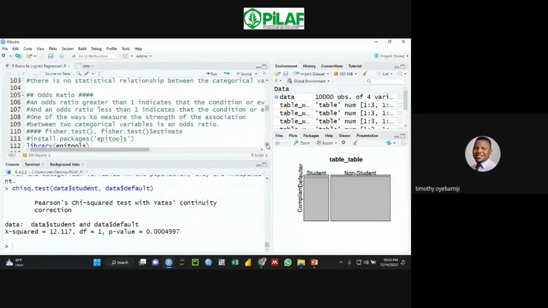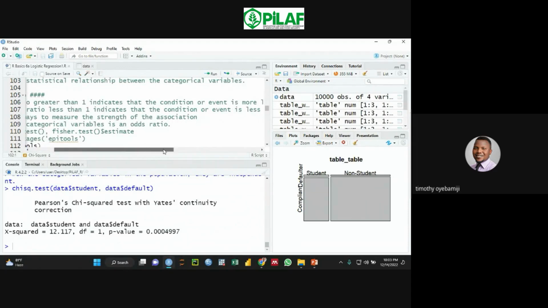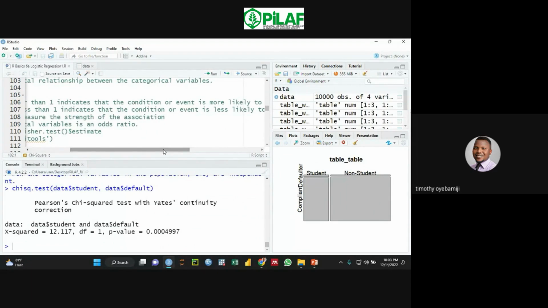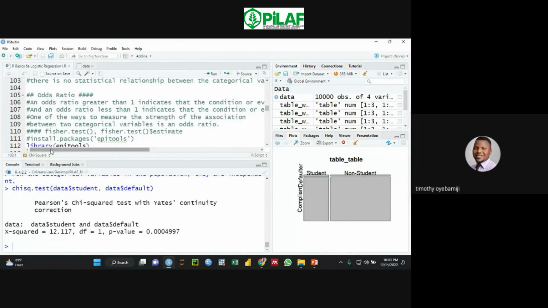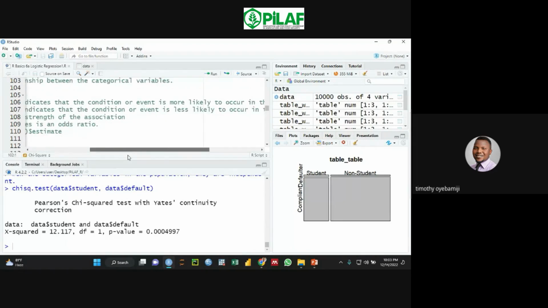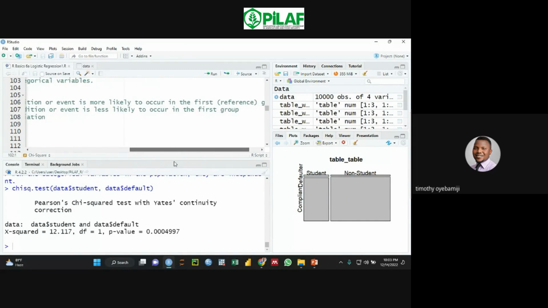All right, for odds ratio, we are getting into today's work more. An odds ratio greater than 1 indicates that the condition or event we're interested in, which this time is yes for default, meaning the person is a defaulter, is more likely to occur in the first group.